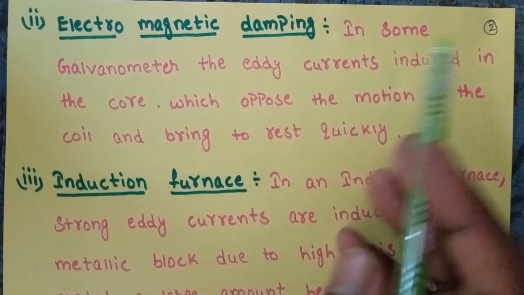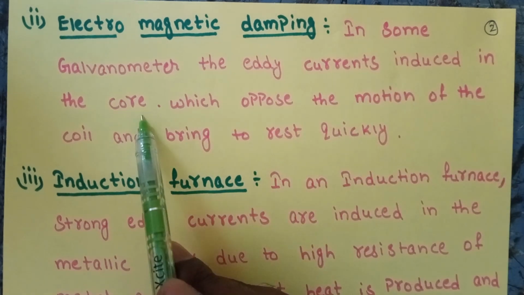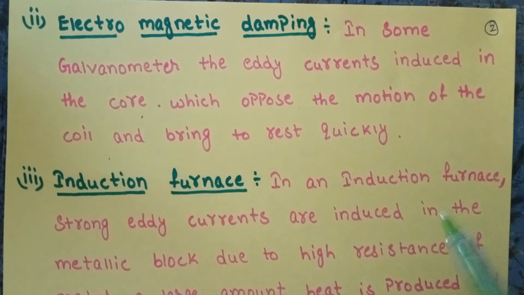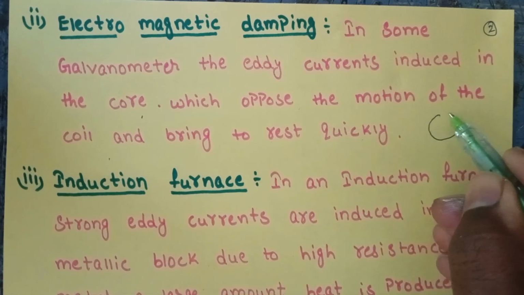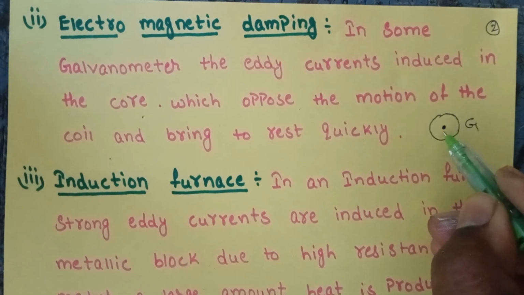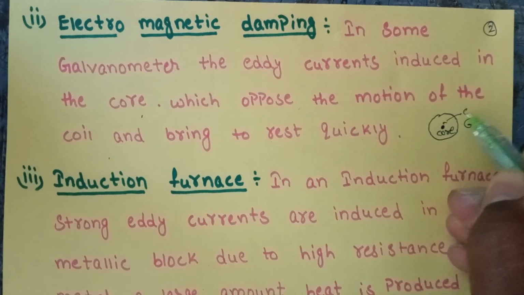Electromagnetic damping. In some galvanometers, the eddy currents induced in the core oppose the motion of the coil and bring it to rest quickly. Now this is a galvanometer. In the galvanometer is located the core. The core is connected to the coil.